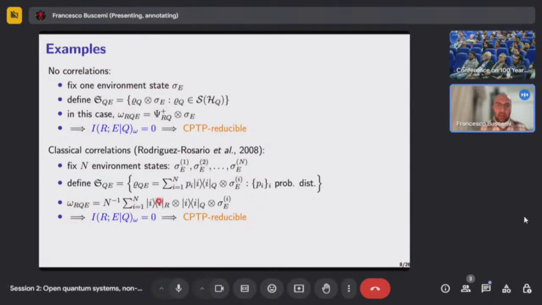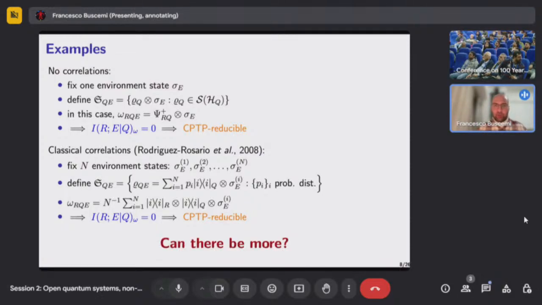You can have classical correlations between these three systems, and by performing measurements on R, you can induce any probability distribution here. Moreover, it is easily verified that this tripartite state satisfies the Markov condition, and therefore, again, it is CPTP reducible.